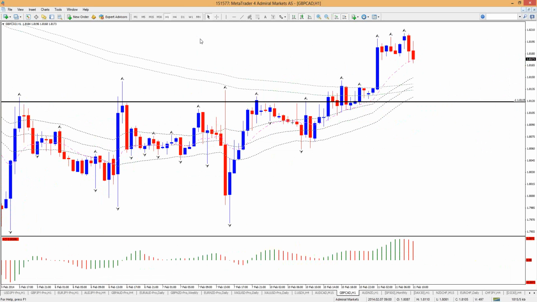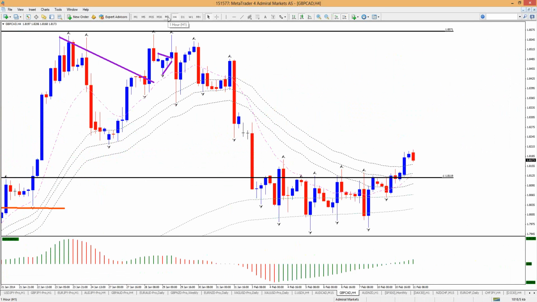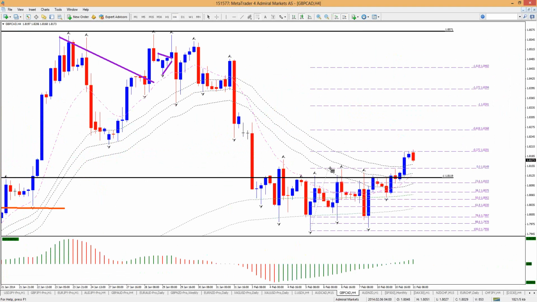So that's the potential. Pound CAD upside. What would be the resistance or targets? We could use a fib, I think maybe on this one here. You can see why price is stopping here because it's a minus 272 target. So the next target would be the minus 618 at 182.66.